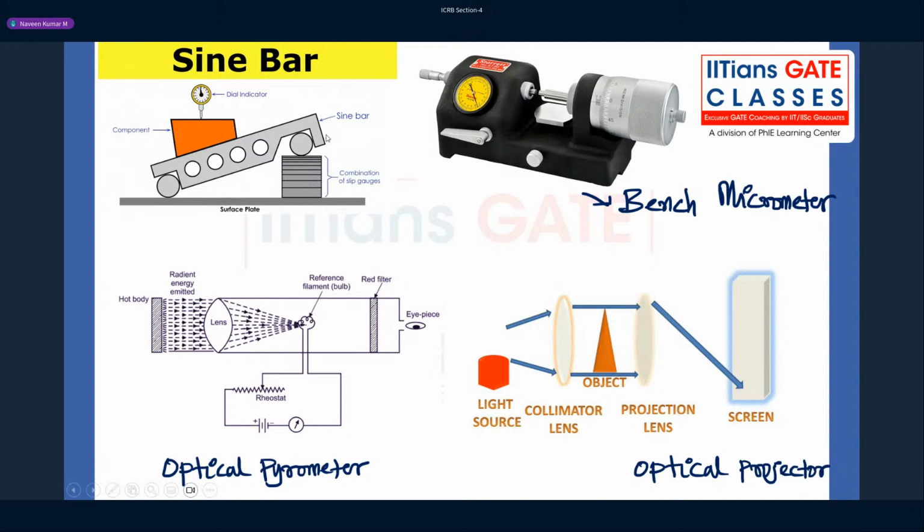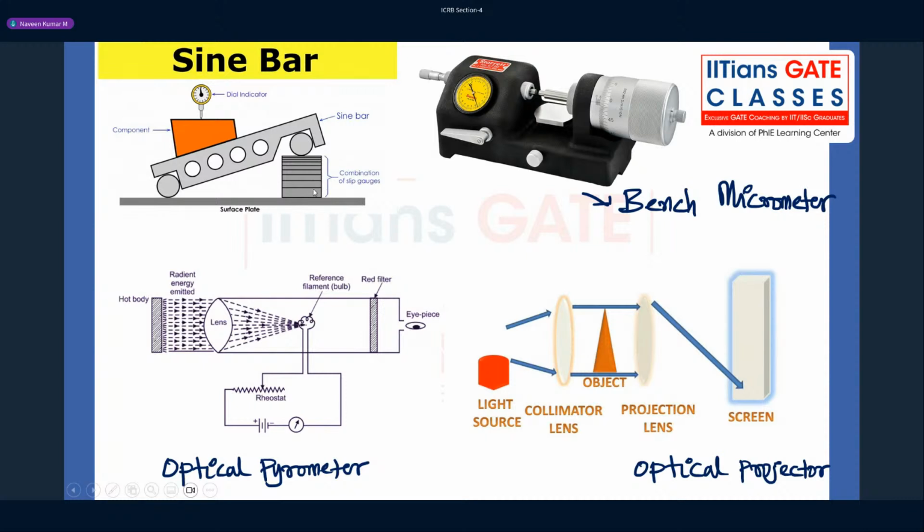If you see, the sine bar is used, simply you use sine rule to identify the angle of the component. You can easily find out how inclined the component is, whether the plate is at an incline or parallel to the surface.